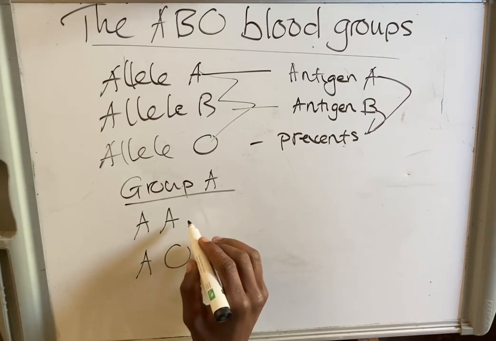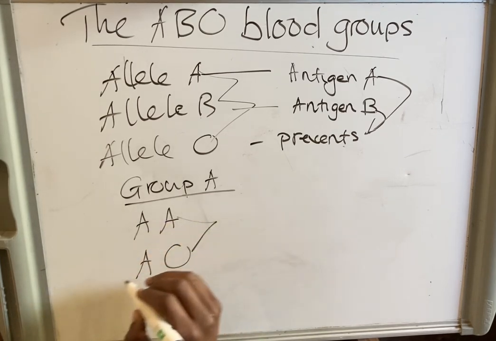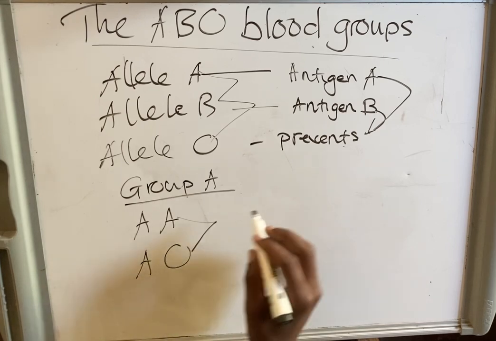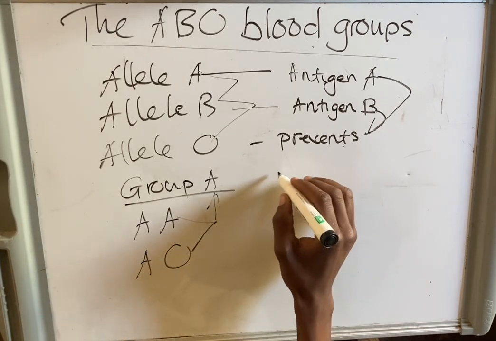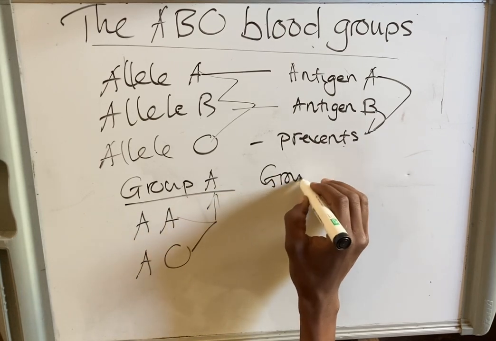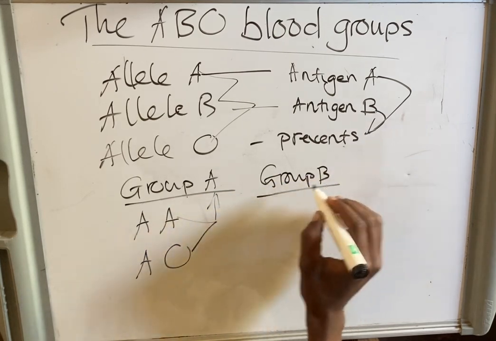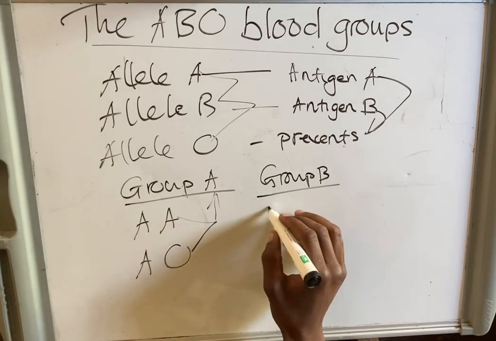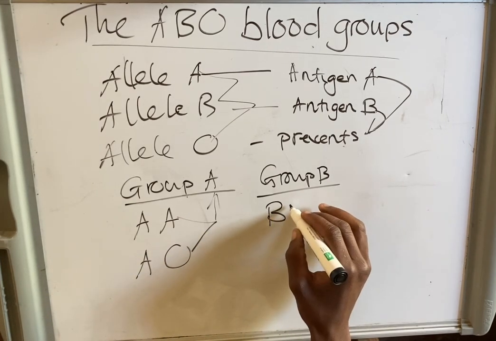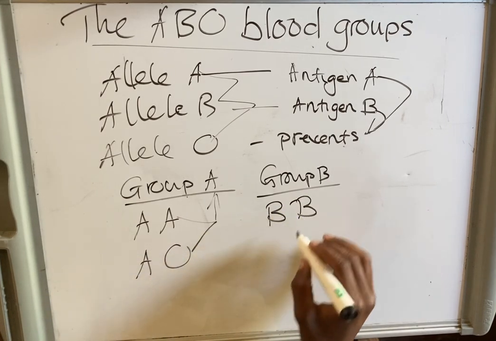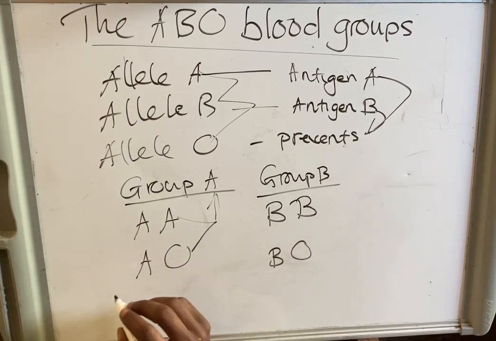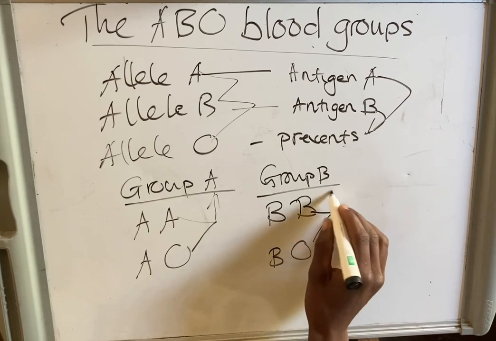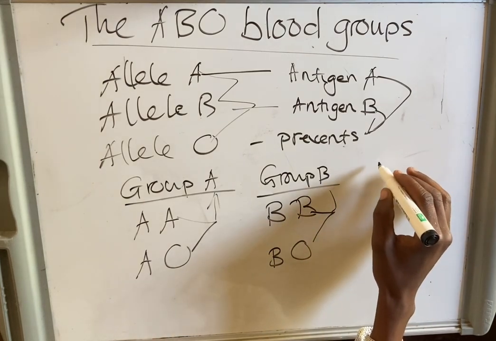So when these 2 are the genes for an individual, you just have to know that this person has blood group A. We also have blood group B. The possible genes for blood group B are either BB or BO. So when an individual has these 2 genotypes, the blood group for this individual is B.